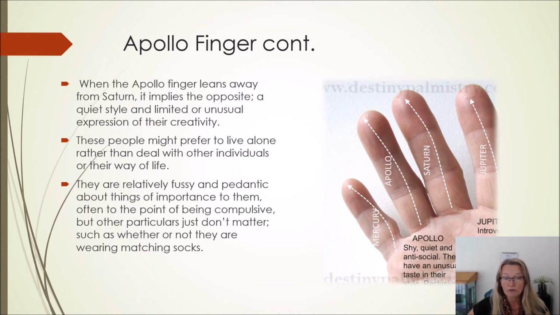So in general, if the Apollo finger leans away from Saturn or leans away from the thumb, it shows a fussy, pedantic person, especially about things that are important to them. It might come across as compulsive, like some things don't matter and some things do matter.